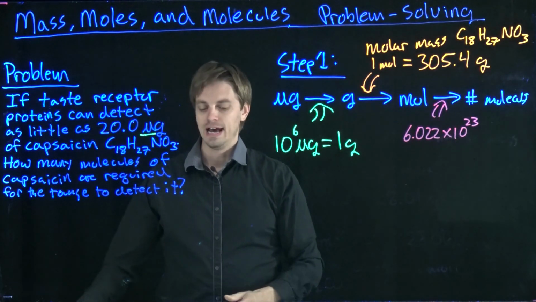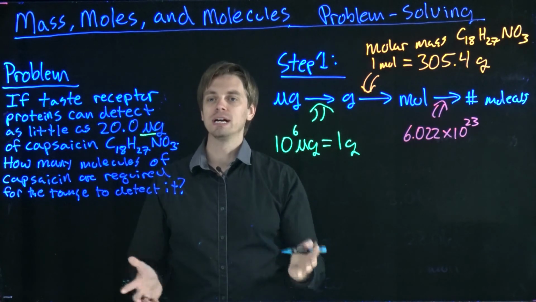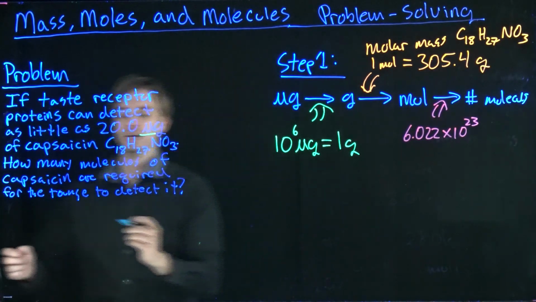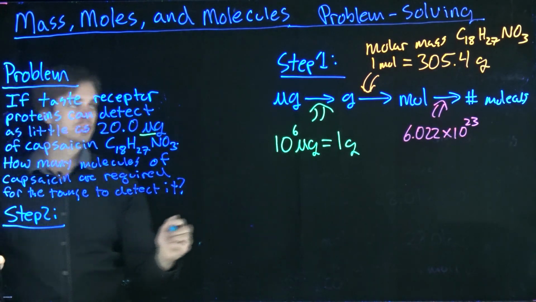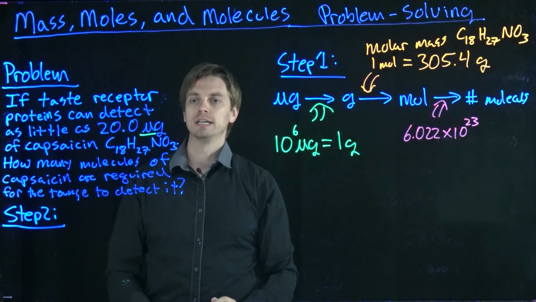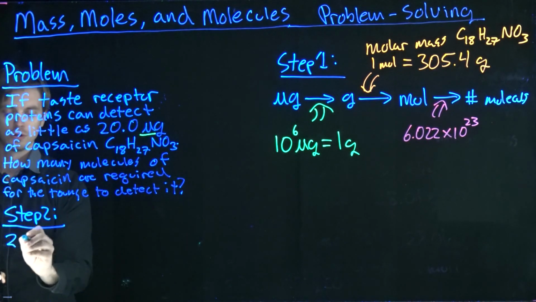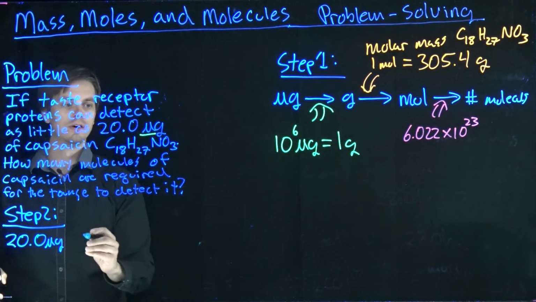Now that we have this laid out, we're going to start from the very beginning and plug in the actual numerical values that we're given. The first step is to start off with that microgram quantity that the problem gives us: 20.0 micrograms of capsaicin.